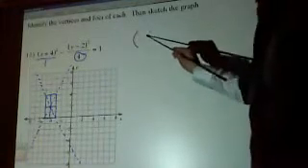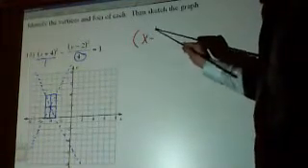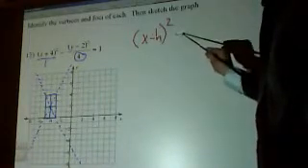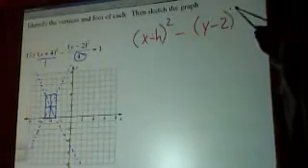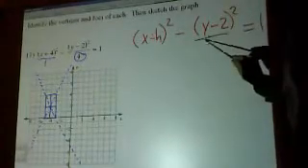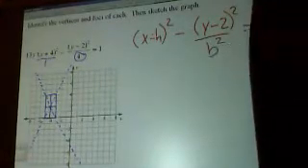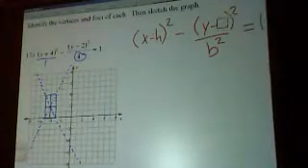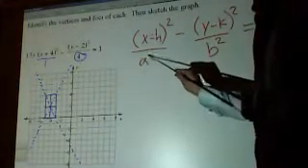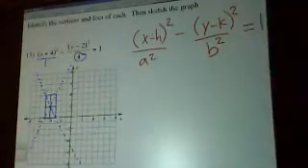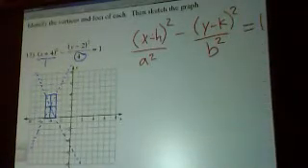Either we have x minus h squared over a squared minus y minus k squared over b squared. So this still has a center at h and k the same way.